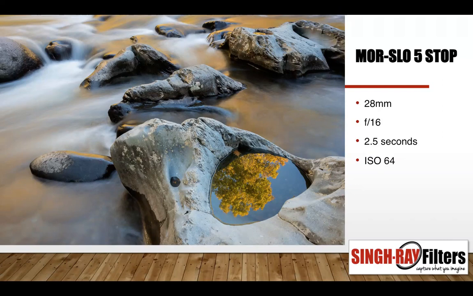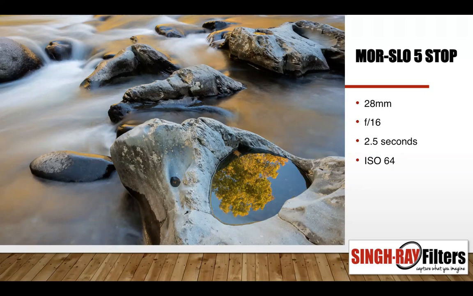But the color does come through, and this effect is best achieved when the water is in the shade, but what's actually reflecting in the water, in this case the trees with the fall color, is in bright sunlight. Those are the ideal conditions to get very strong reflections in the water, whether it's moving or static.